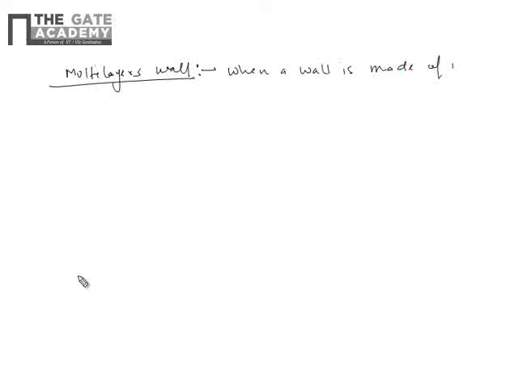Now we will discuss multi-layer walls. Multi-layer walls, that is, when a wall is made of more than two different layers, then we call it a multi-layer wall.